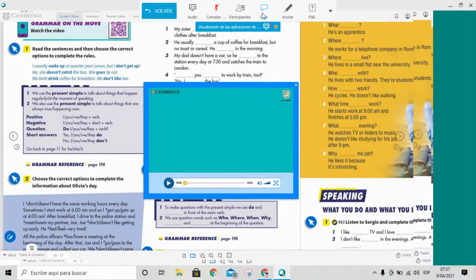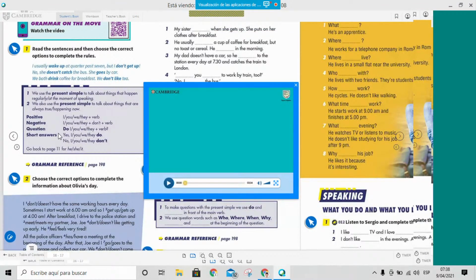Does she work at the weekend? We can give short answers to questions in the present simple as follows. For example, do you work at the weekend? Yes, I do. Grandma on the move.